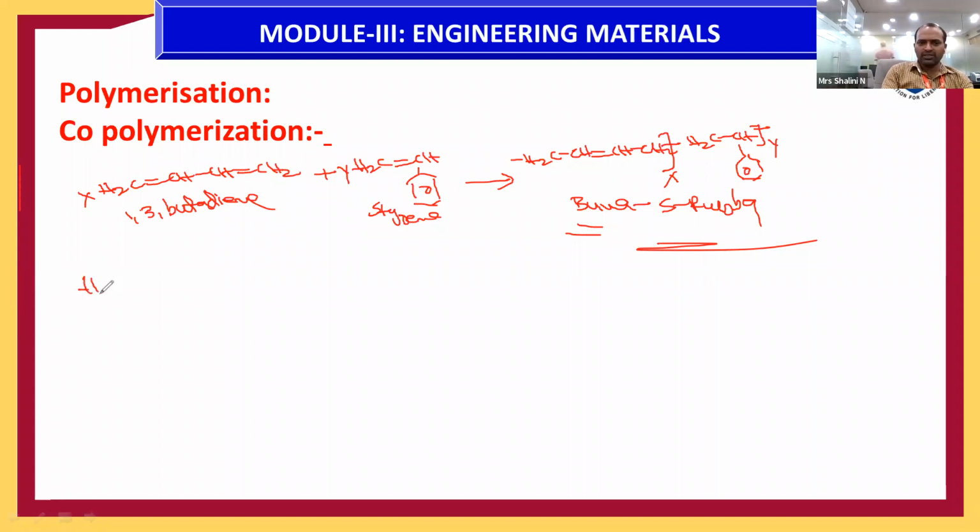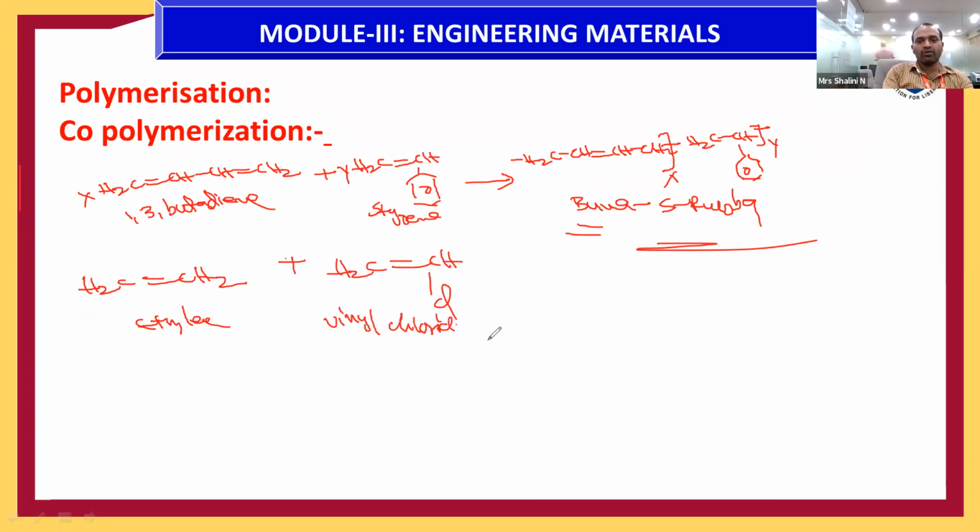One more is H2C double bond CH2, that is ethylene. Ethylene reacts with vinyl chloride, H2C double bond CH Cl. This is ethylene, and this is vinyl chloride.